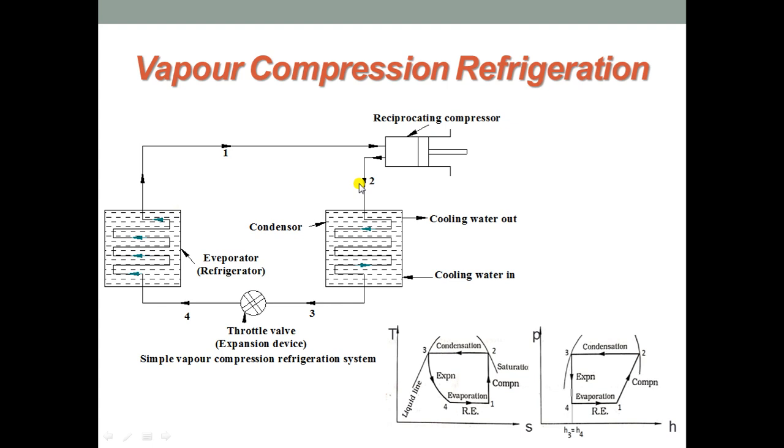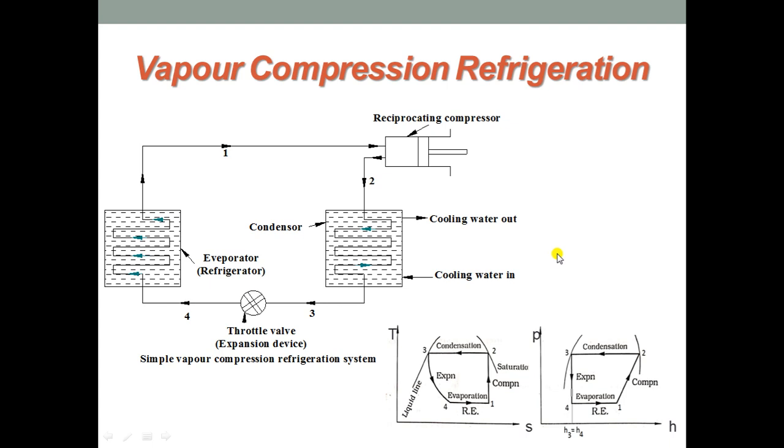The various conditions of the refrigerant are: refrigerant vapor dry at the end of compression, the second is refrigerant remaining wet at the end of compression, and refrigerant vapor superheated at the end of compression. So, these are the three special cases in the vapor compression cycle.